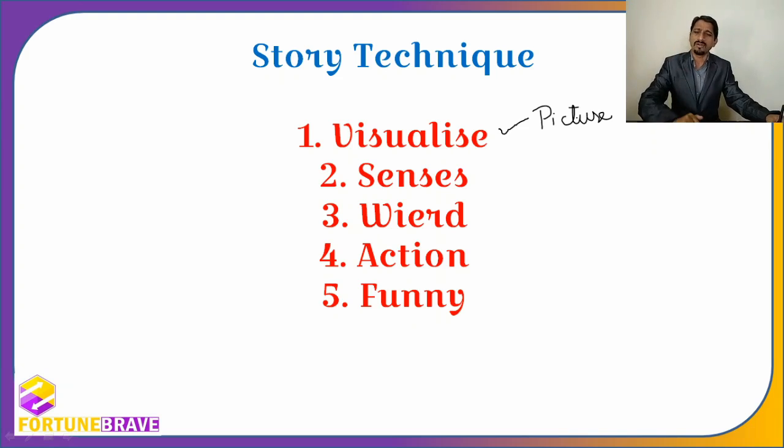I'll tell you how to do it, and then you are going to use as many senses as possible. Not only the picture, you can hear, you can feel, you can smell, you can taste. Whenever it is possible, at least two senses you should use. Picture is already one sense. The second sense you are going to use, and a third sense if possible.